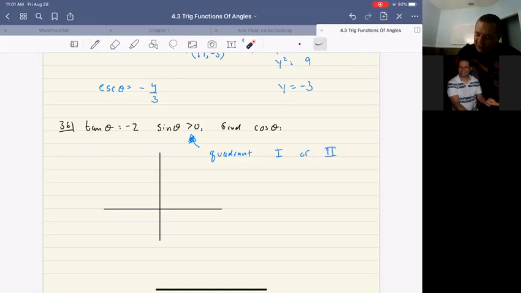Because we need to be above this line. Y is positive. Now, tangent of theta is negative. That means that x and y cannot be the same sign. So that means it's either quadrant 2 or quadrant 4.